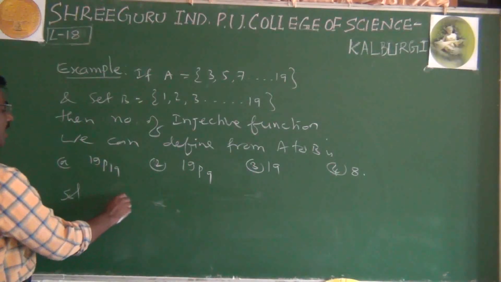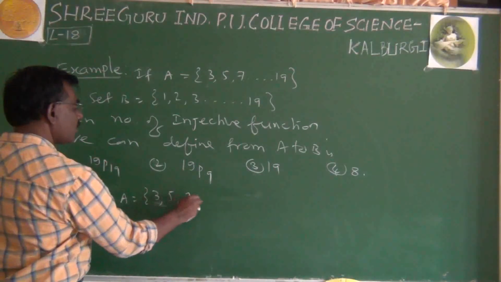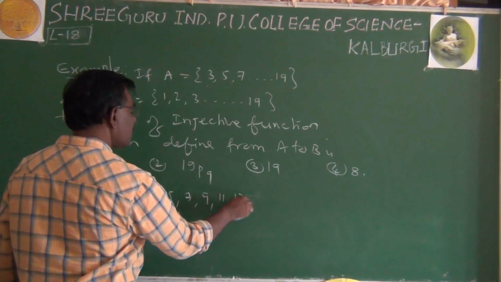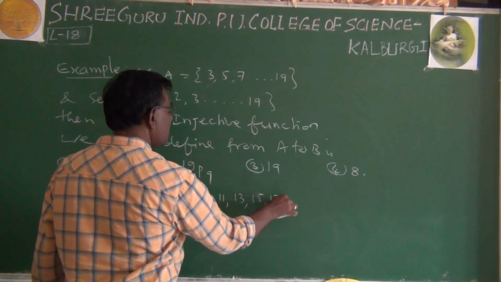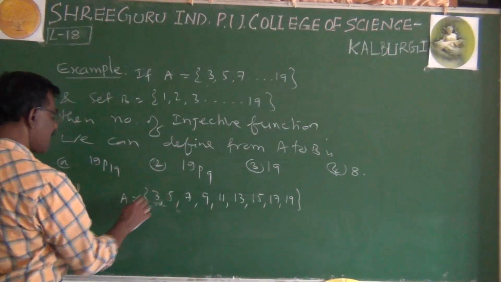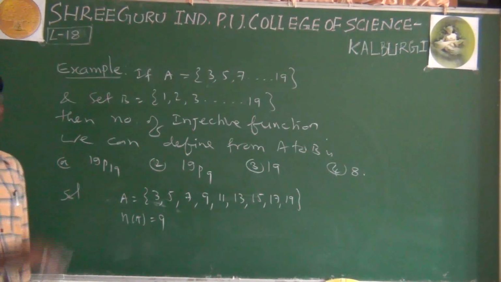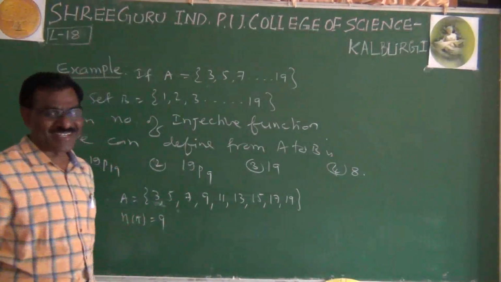The first one, A: 3, 5, 7, 9, 11, 13, 15, 17, 19. 1, 2, 3, 4, 5, 6, 7, 8, 9. Yes, n of A is 9, not 19, my dear student. Only 9 elements are there.